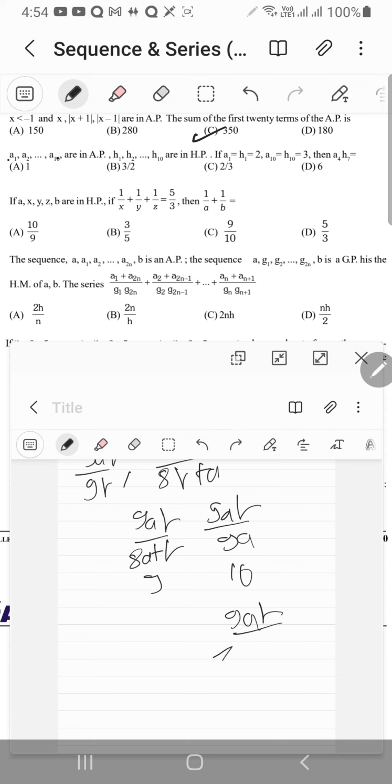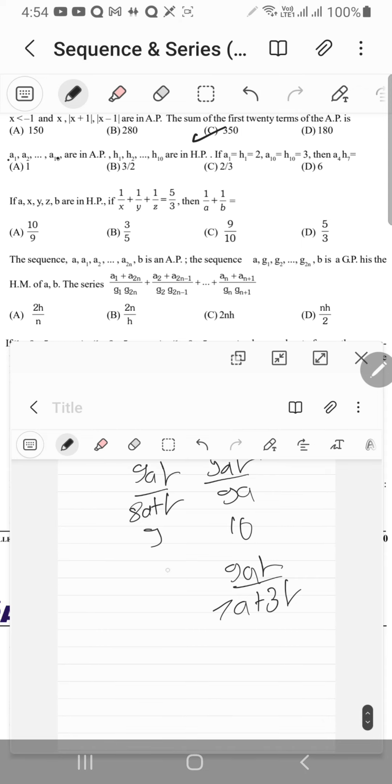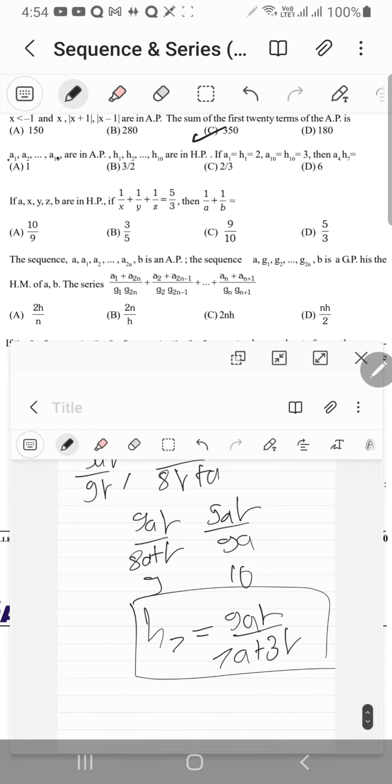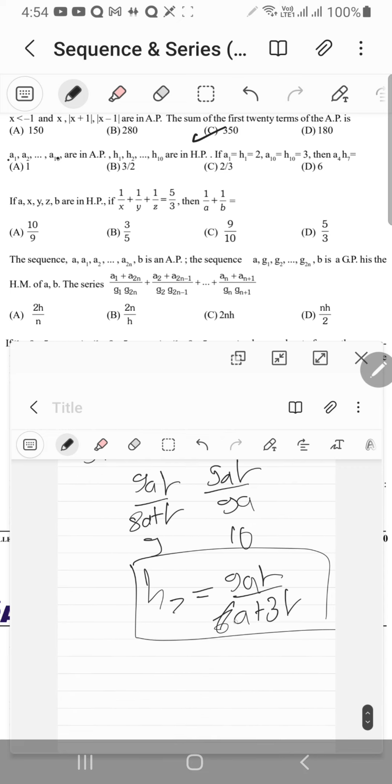So this will be 7a, oh wait, sorry, it should be 6, because 9 minus 3 is 6. So 6a plus 3b. Yeah, that's basically h7, right? Cool. Okay, so h7 you now know that.